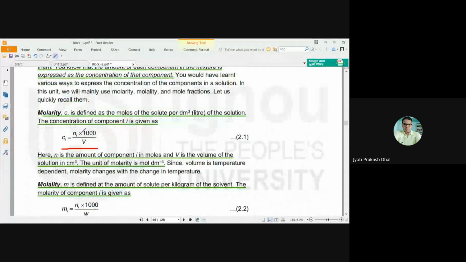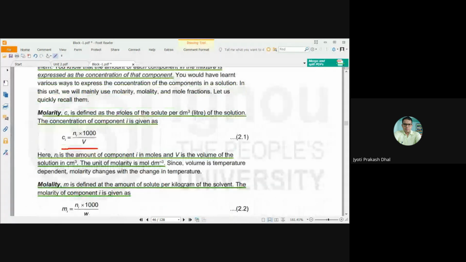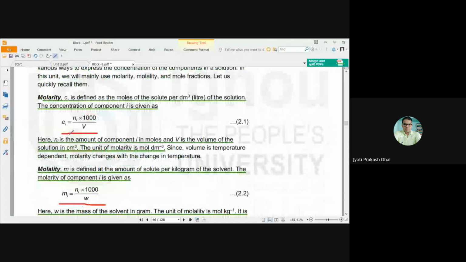So first, if we consider a system with more than one component, suppose a binary solution, then the concentration or the strength of the binary solution can be expressed by different modes. The first one is molarity. It is defined as the number of moles of the solute dissolved per liter of the solution, or per decimeter cube of the solution.